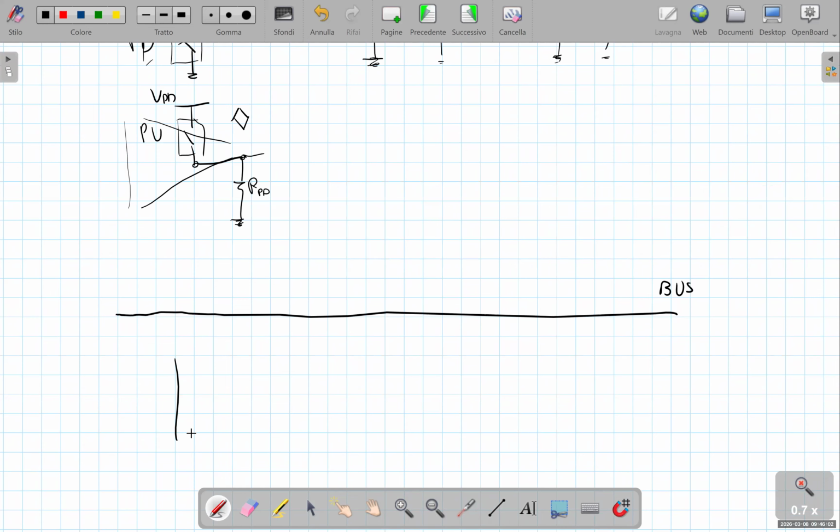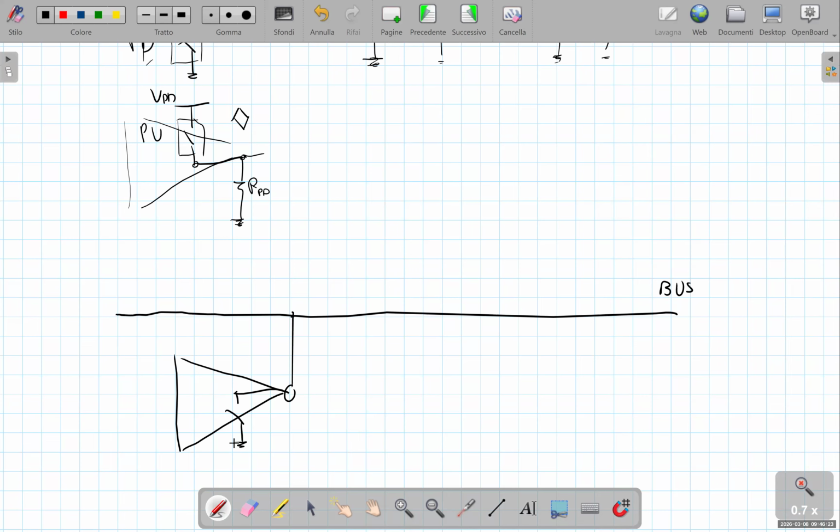Suppose we have two open drain gates like these, characterized by just the pull-down network.